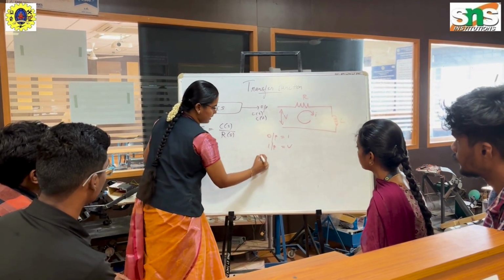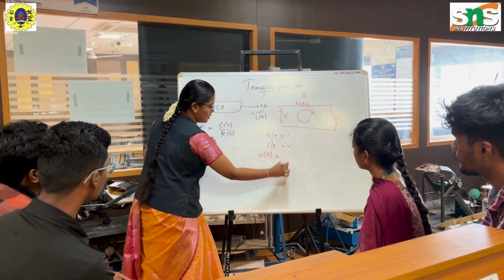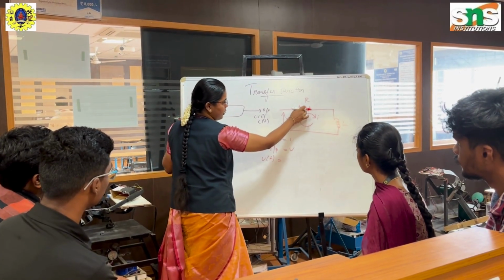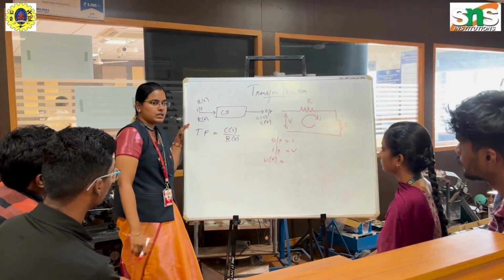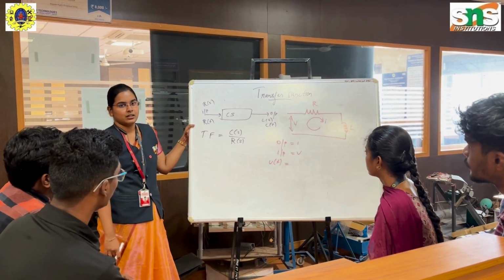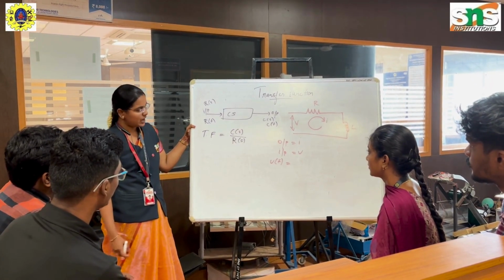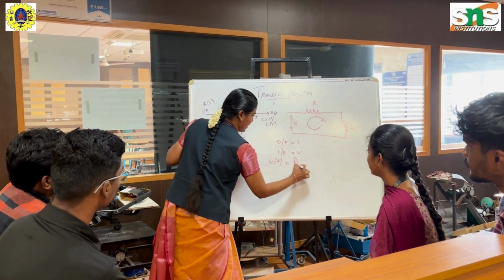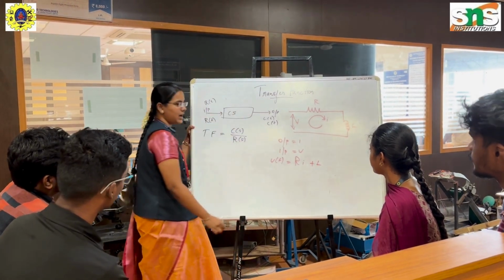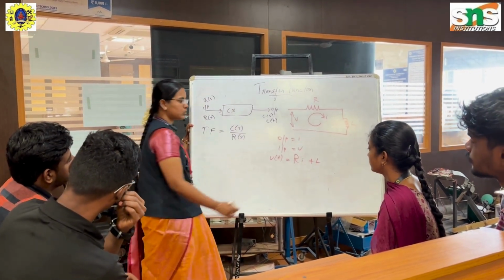So now we can take V of T, that is the input, equal to the voltage drop across the resistor plus the voltage drop across the inductor. What is the voltage drop across the resistor? According to Ohm's law, V is equal to I R. So R into I plus L. Across the inductor, the current will be varying with respect to time.